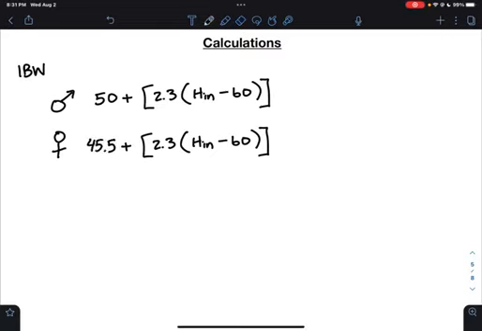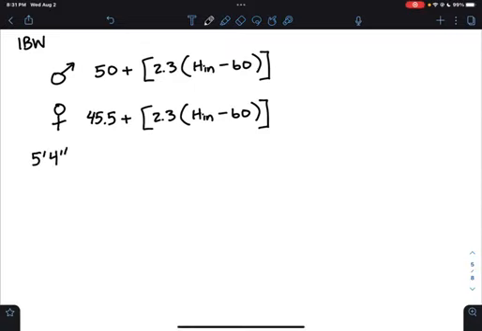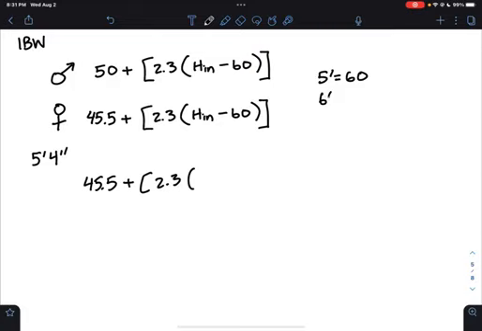So let's just do an example. Like for me, I'm 5'4" and female, of course. Let's just plug in the equation. So 45.5 plus 2.3, and then height in inches. We know that 5 feet is 60 inches, 6 feet is 72.